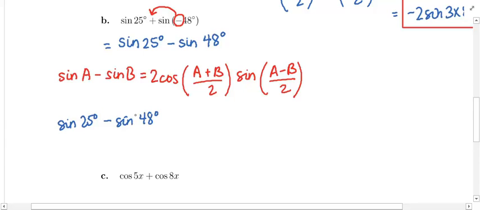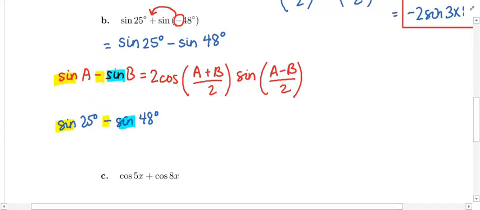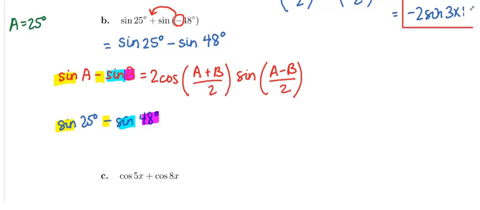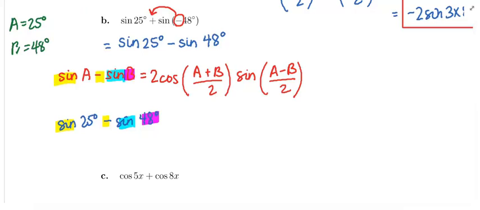This one matches up extremely easily, because I have sine, the minus, and the sine, and you can see here that A is going to be 25 degrees, the argument of the sine on the left, and then B is going to be 48, the argument of the sine on the right. There are no numbers to adjust. It matches up perfectly.